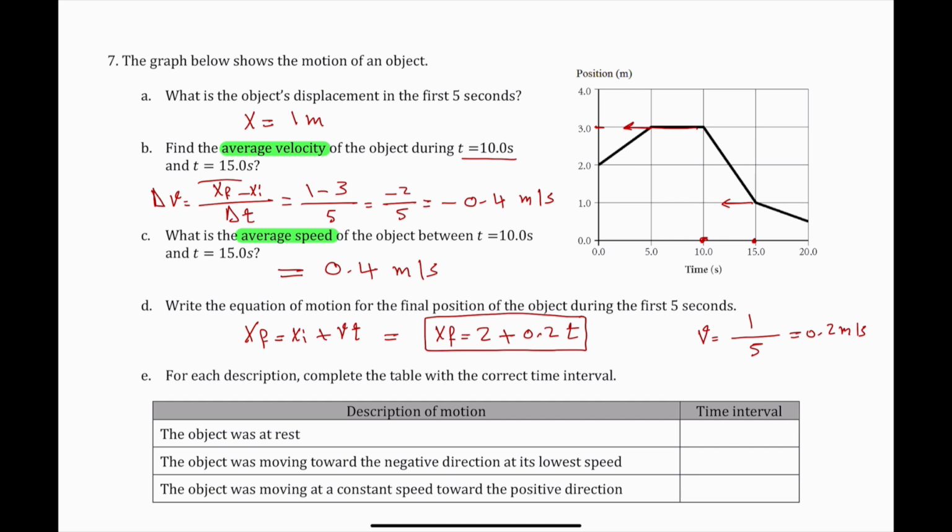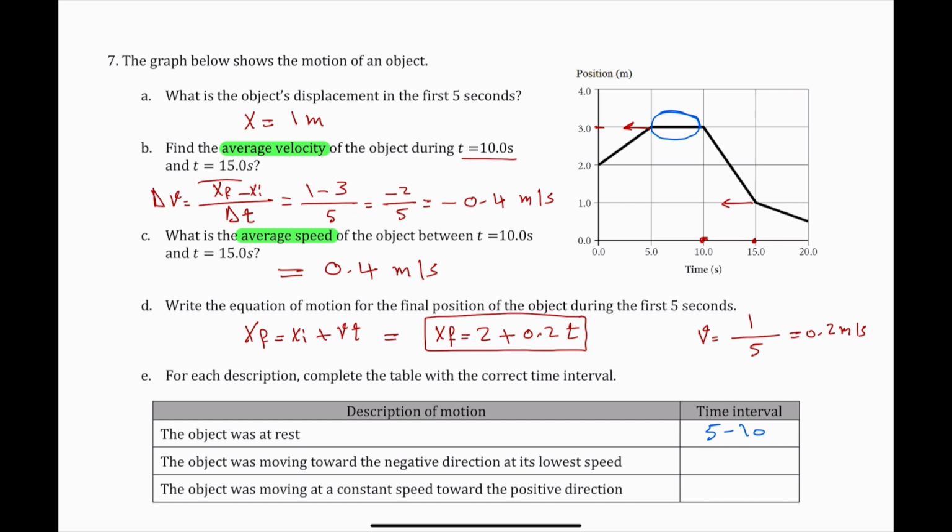For each description, complete the table with the correct time interval. The object was at rest at this part because the position doesn't change, so from 5 to 10. The object was moving towards the negative direction at its lowest speed.